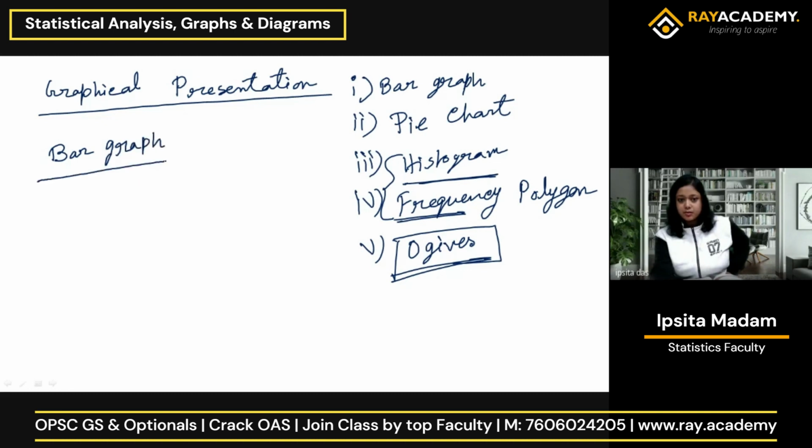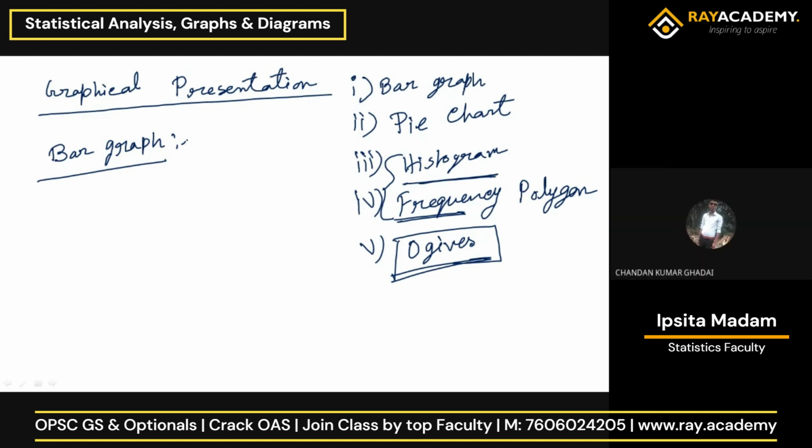First we discuss the bar graph. In a bar graph we represent the data in bar form or column form, non-overlapping.